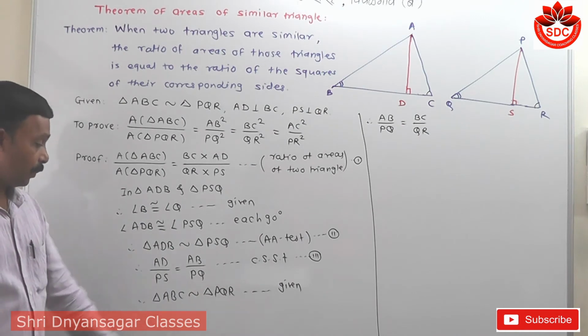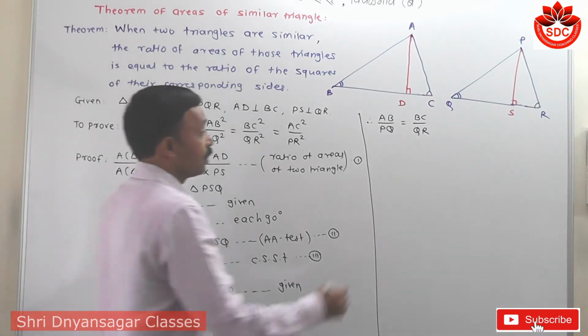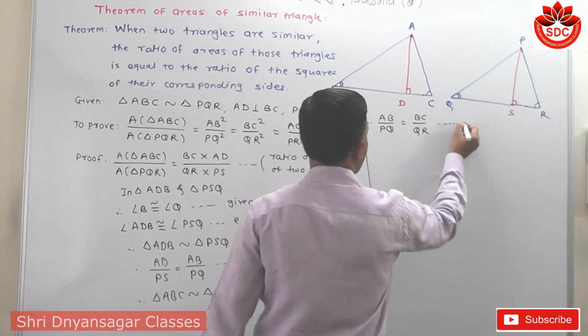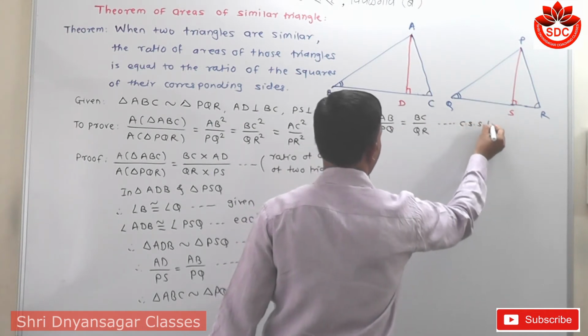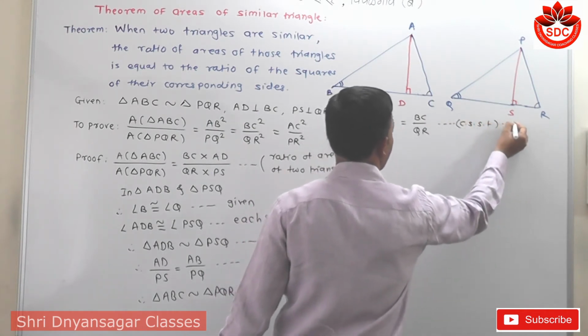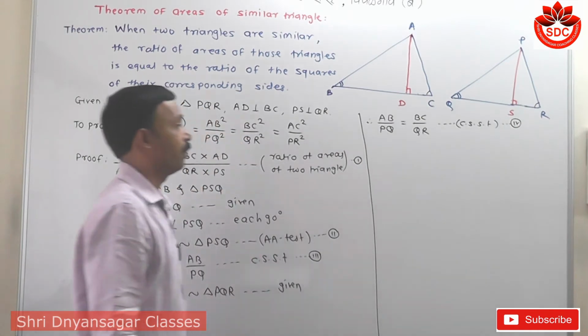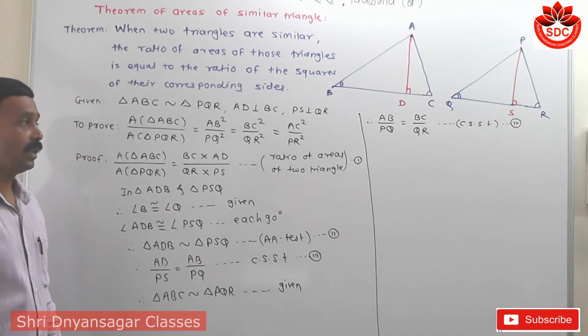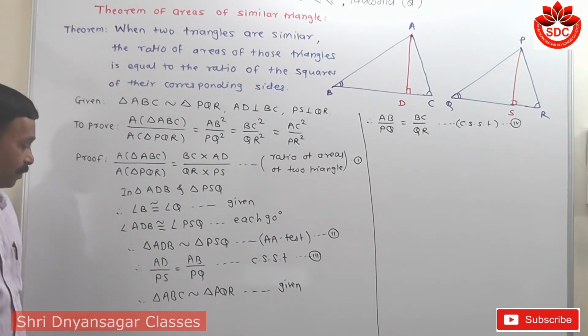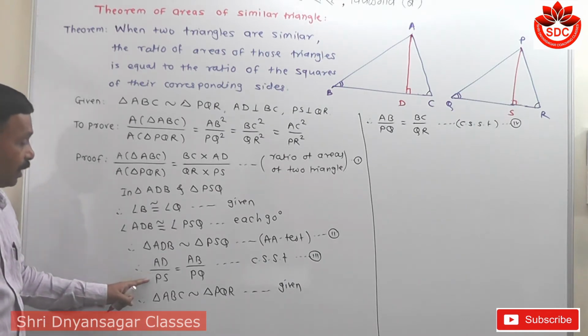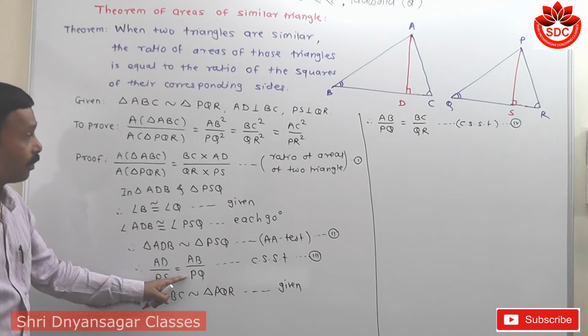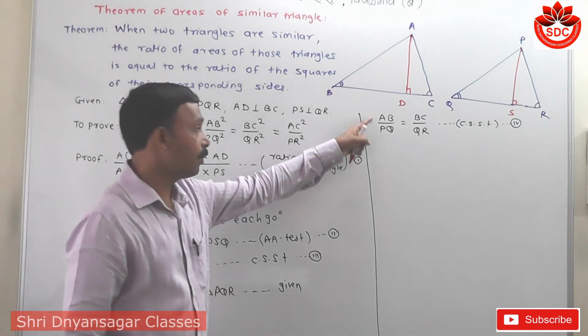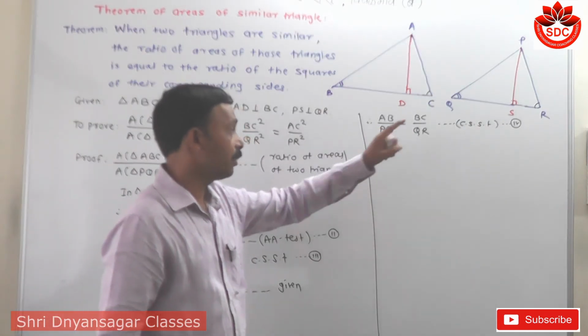AC upon PR. Now suppose that these are corresponding sides of similar triangles, our equation number 4. The reason is corresponding sides of similar triangles. Now observe this ratio: AD upon PS is equal to AB upon PQ. Here AB upon PQ is equal to BC upon QR.